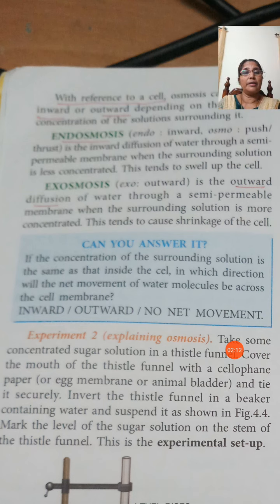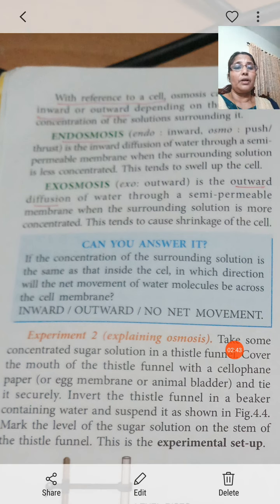Another thing we do in daily life: to kill a snail, we put salt on it, so the salt absorbs water from the cells of the snail, and the snail may die.